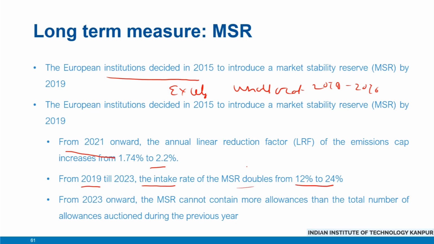We'll again discuss this. And third, from 2023 onward, the MSR cannot contain more allowances than the total number of allowances auctioned during the year. In addition, there were some other measures also. For example, the European Union recently adopted a binding renewable energy target of almost 32% of the final energy used by 2030.